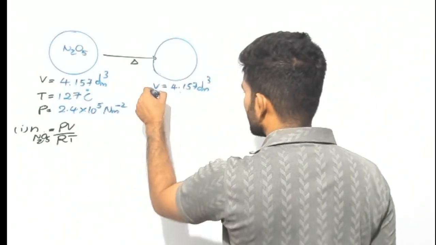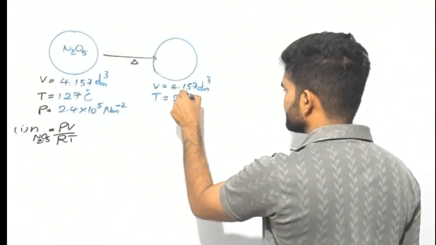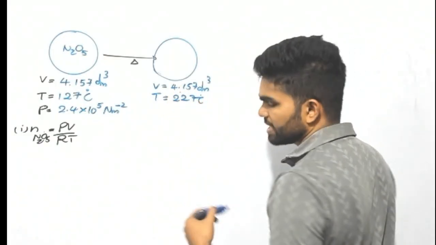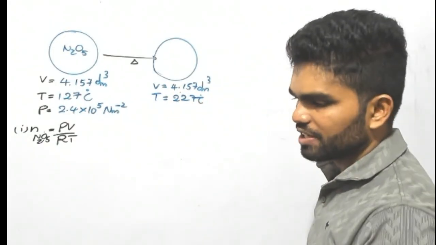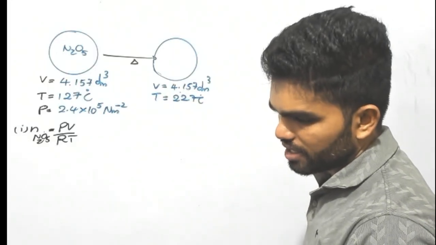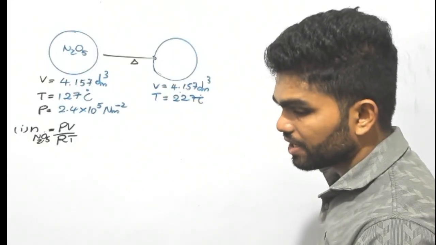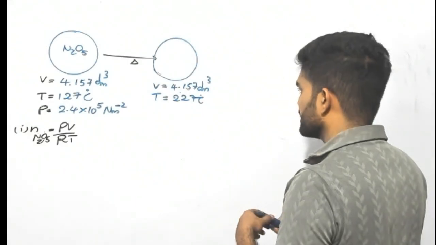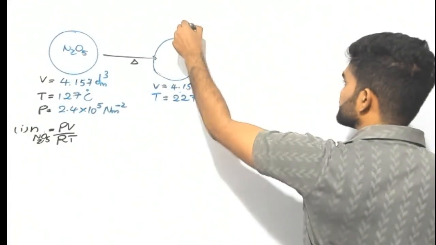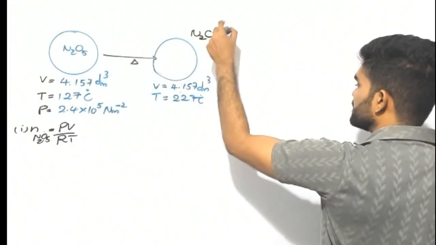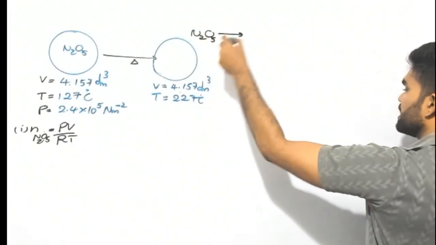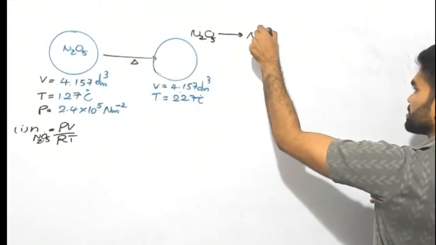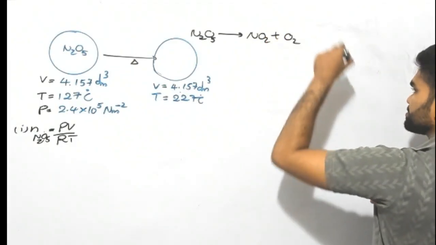Temperature is given, 227 Celsius. We need to convert that into Kelvin before using it in a question. And then it says part of the N2O5 is decomposed to NO2 and O2. So a reaction happens here, and not all of the N2O5, only a part will be decomposed to NO2 and O2.